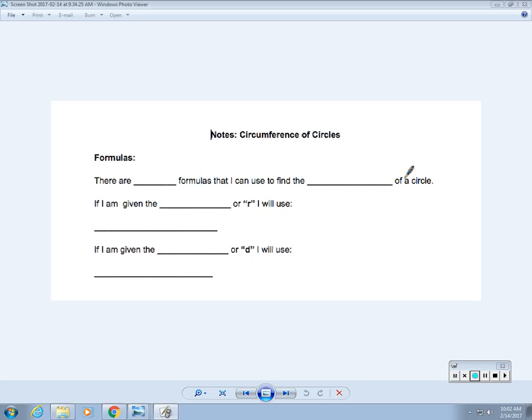If I am given the radius, or r, I will use C equals 2 pi r.